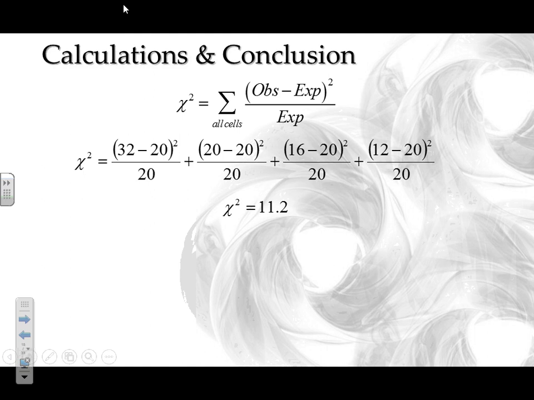So up to this point, it's just a matter of basic, take a formula, plug it in. Okay? Now the chi-square distribution, we said that the p-value is always the area to the right of the chi-square statistic. Okay? So, if our chi-square statistic is 11.2, we want to calculate the p-value associated with that particular statistic.